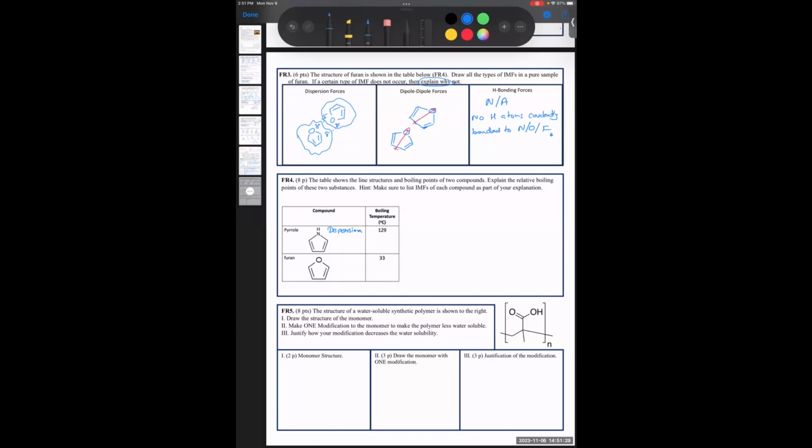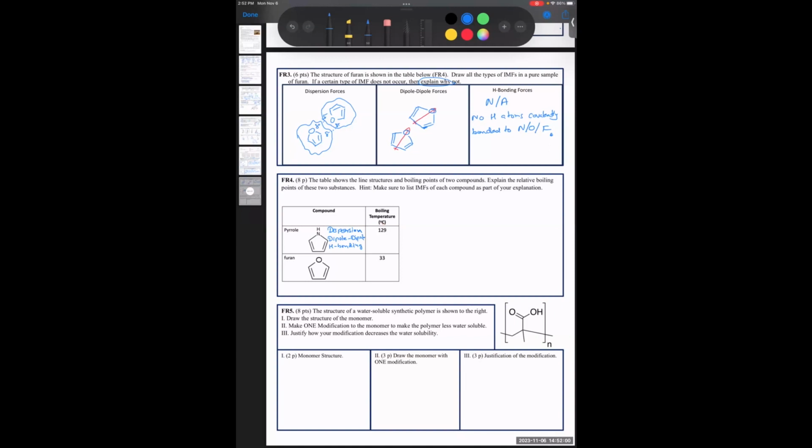Then we're going to have dipole-dipole forces. And also it has hydrogen bonding forces. Why? We have hydrogen covalently bonded to nitrogen, and that can hydrogen bond with the nitrogen of an adjacent pyrrole molecule.